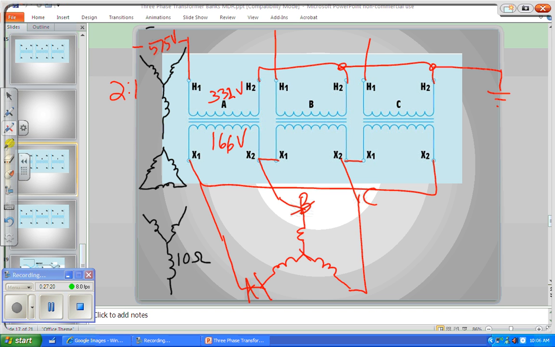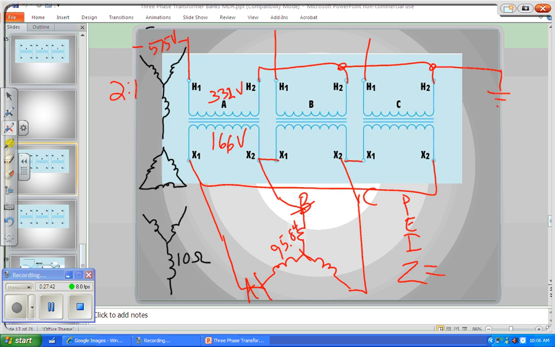So what is my phase voltage? Divide that by square root of 3. 95.84 volts. Okay, 95.84 volts.